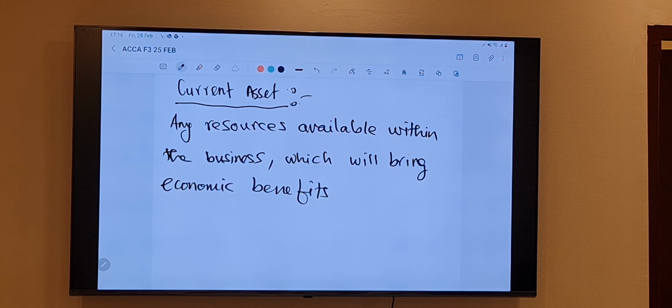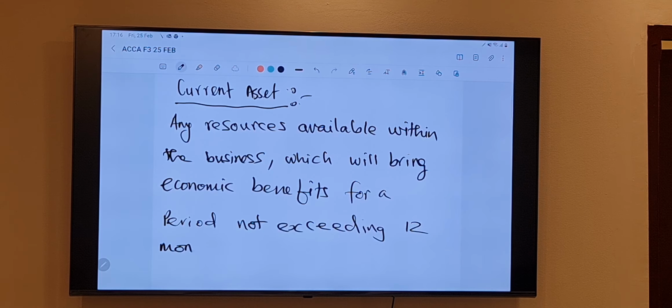Thank you. Economic benefits for a period not exceeding 12 months.